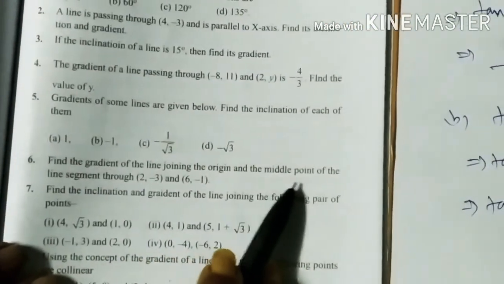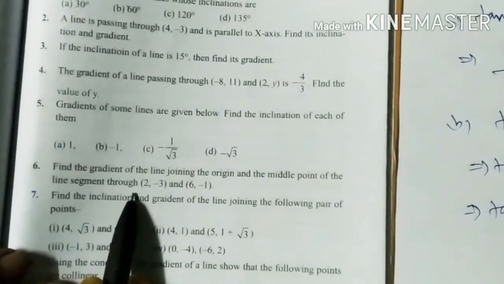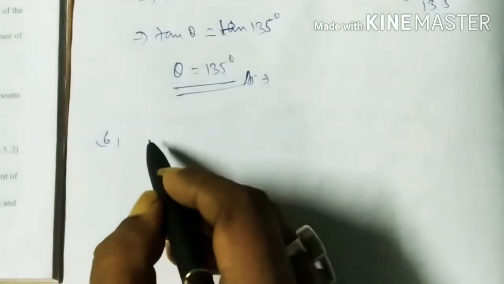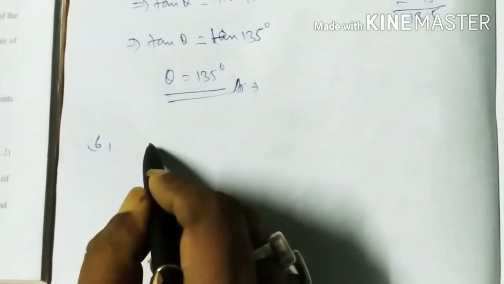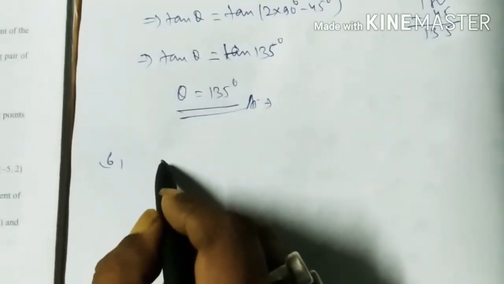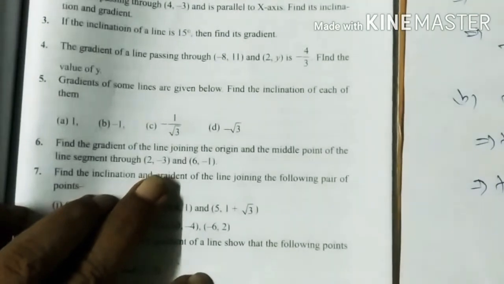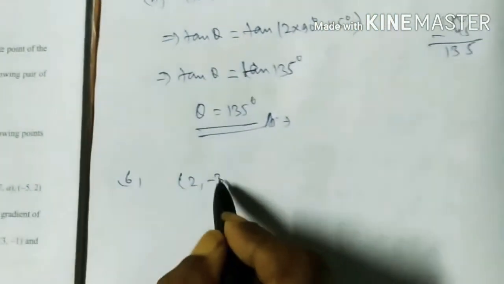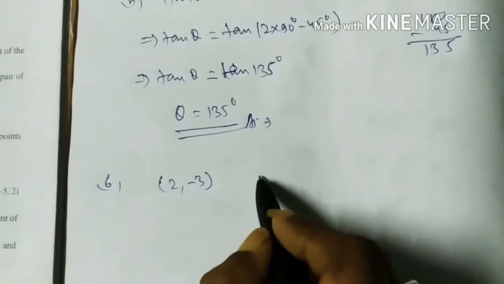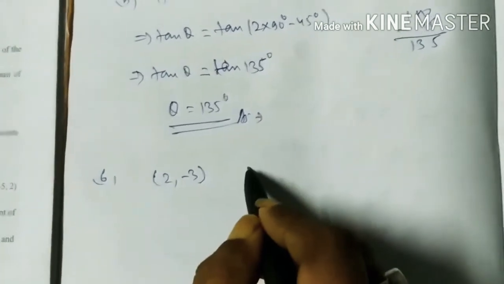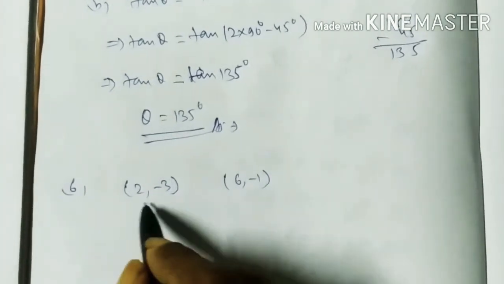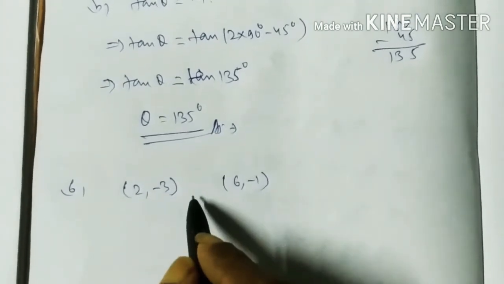Here, find the gradient of the line joining the origin and the midpoint of the line segment through these two points. By the help of section formula, I am going to find out the coordinates of the midpoint of the line segment joining these 2 points.